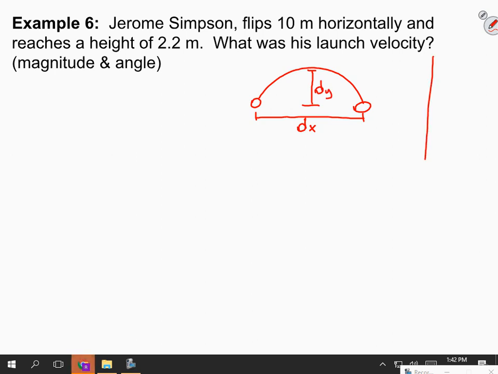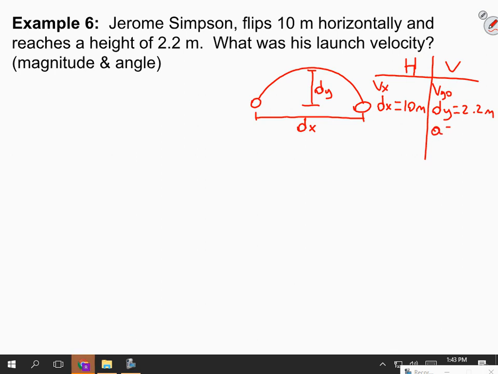Alright, so if you make your chart here, horizontal, vertical, we do not know Vx, we do not know the initial vertical velocity yet, but we do know that dx is 10 meters, so that means he goes across 10 meters, and then we know dy is 2.2 meters.